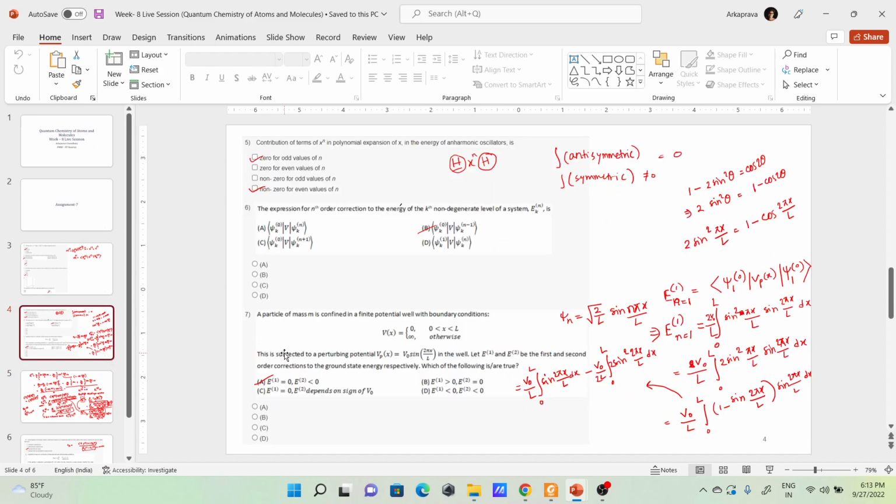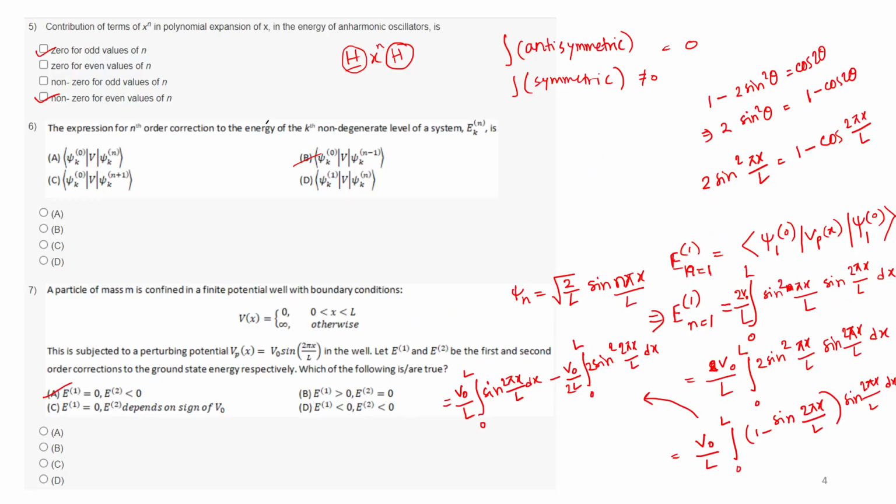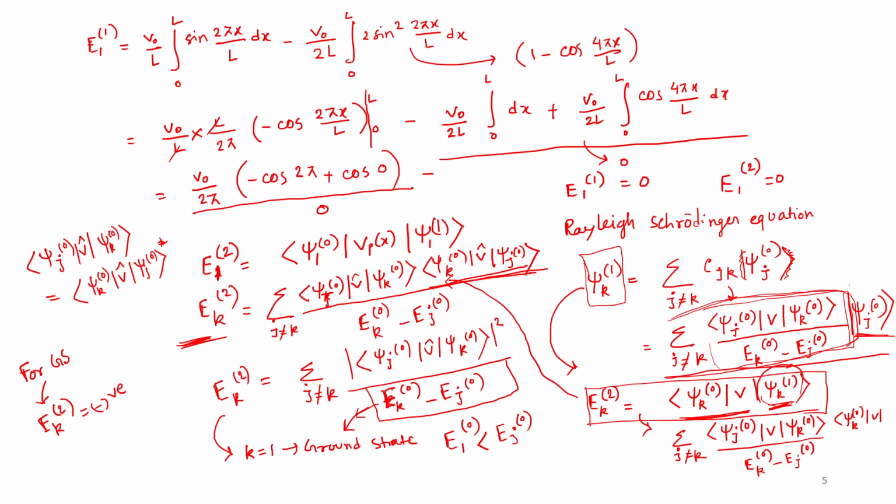Is it this question? Yes. Here, right? Yeah, this one. So when you are putting psi k1 inside the inner product of E1, second, sorry. You can't see my cursor. Okay, let me change it.